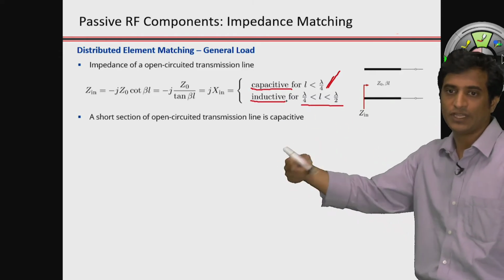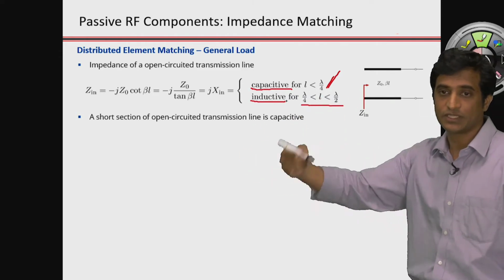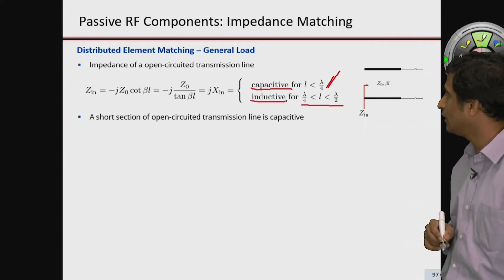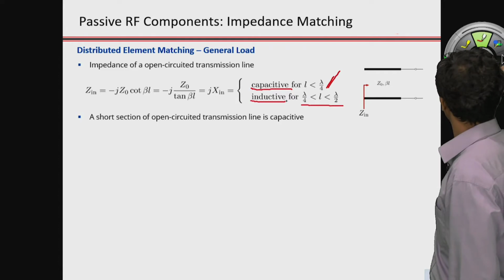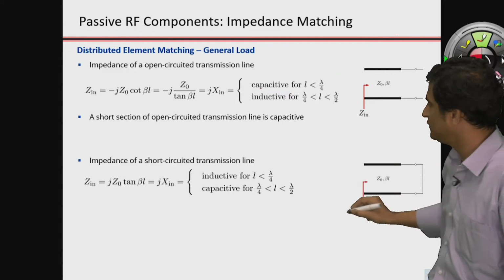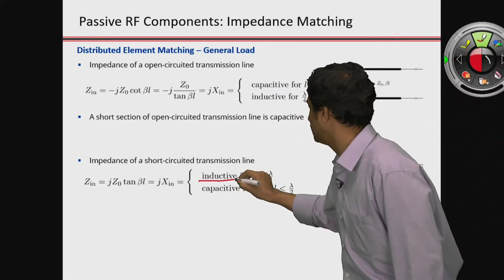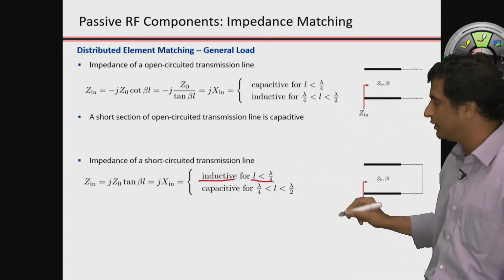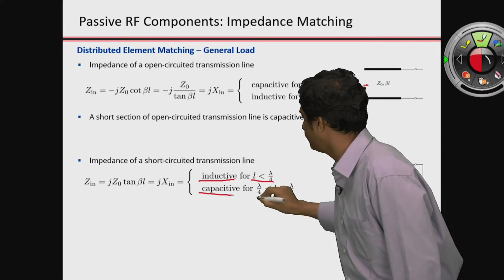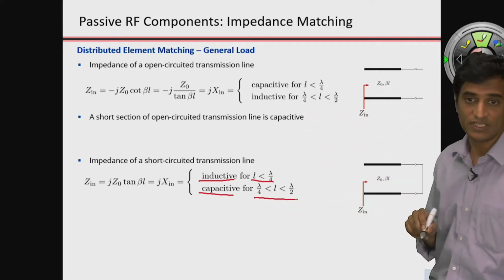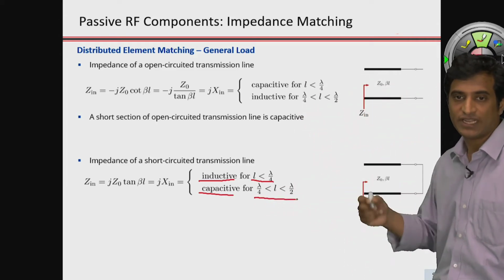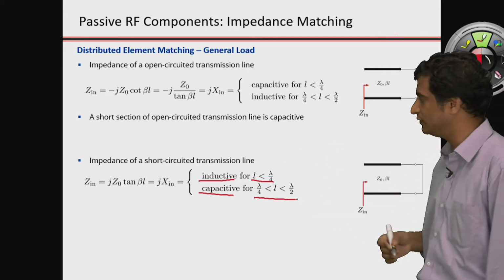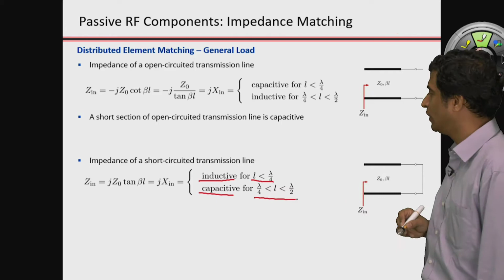And this is going to alternate capacitive and inductive as the length increases beyond. Similarly, a short-circuited transmission line behaves as an inductor for lengths less than a quarter wavelength, and it behaves as a capacitor for lengths between quarter wavelength and half wavelength. Beyond that, it repeats itself as the length is increased: inductive, capacitive.